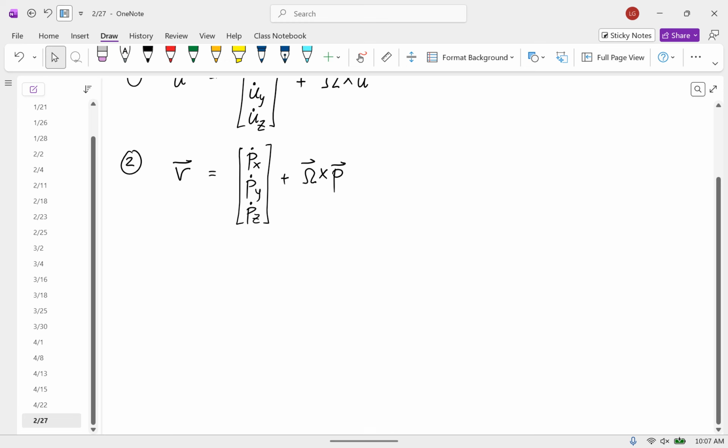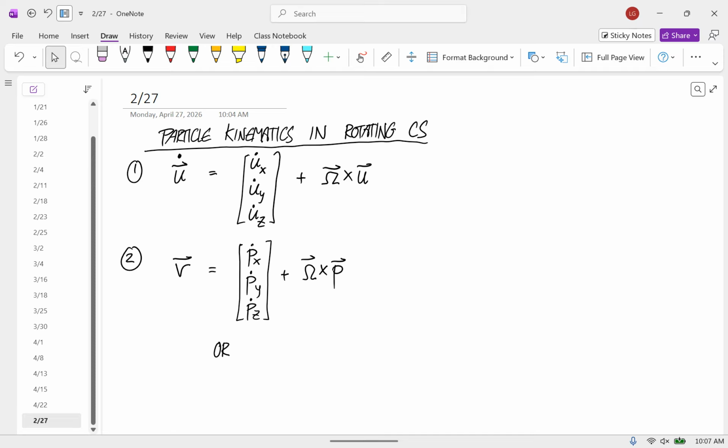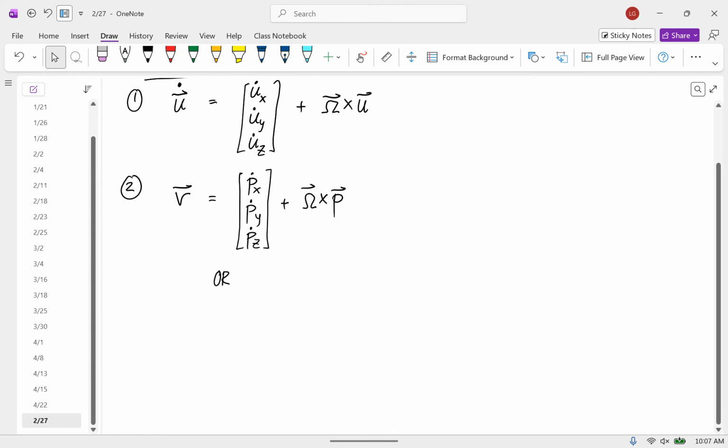This can be written another way also, just depending on how the information is given.